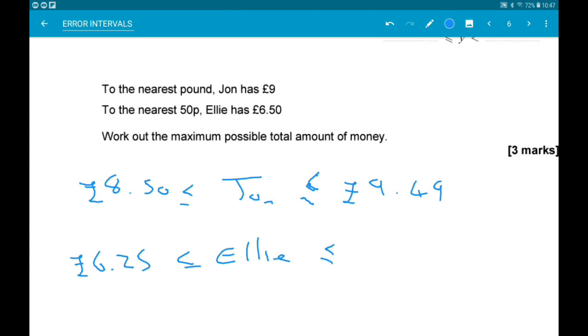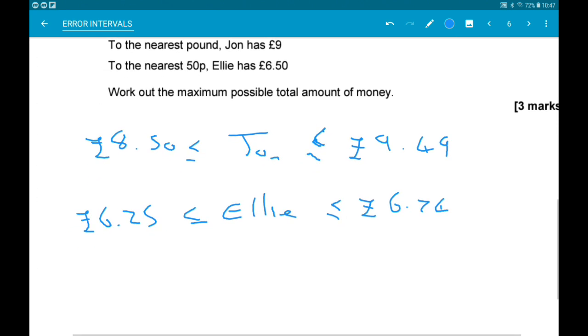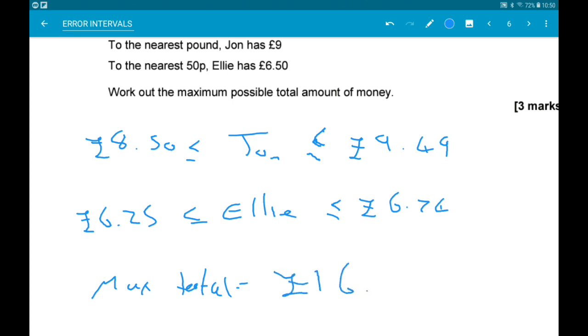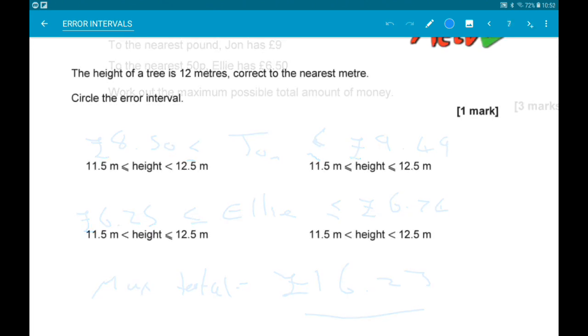So the most she can have is £6.74. So the maximum total is £9.49 and £6.74, which gives us £16.23. Okay, now the final page.